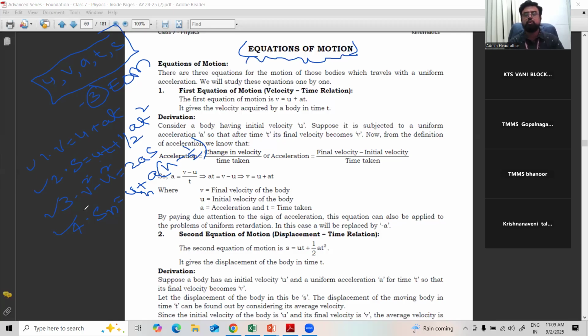If you know this, you can do some 50% of physics problems from these equations only. Not only in kinematics or Newton's laws, these formulas can be used in any chapter of physics. Heat, you have to use these formulas, and wherever you go, every chapter, make use of these particular equations to find the distance, displacement, velocity, time, acceleration.